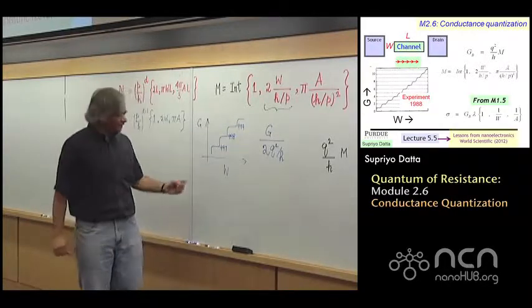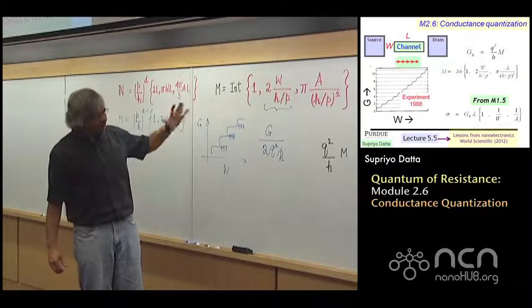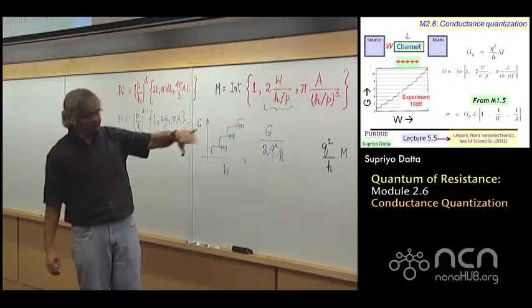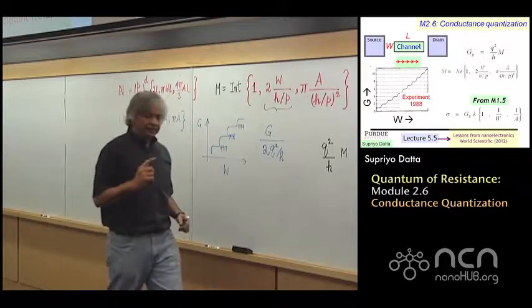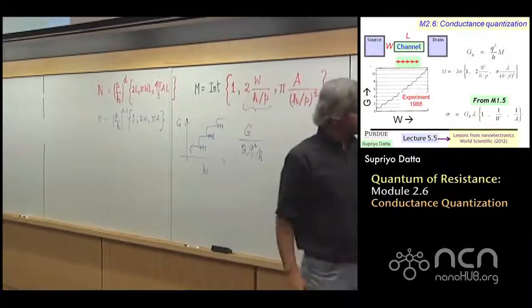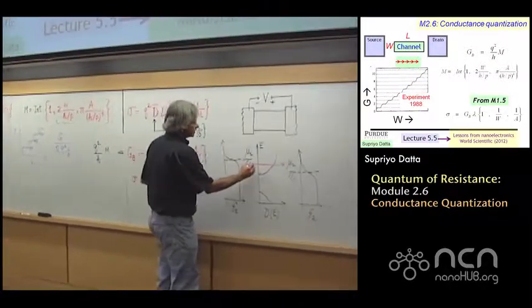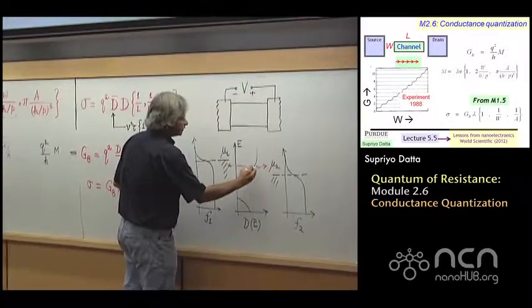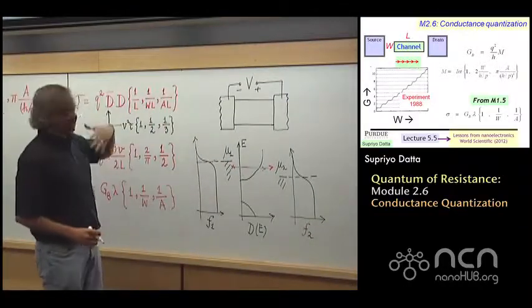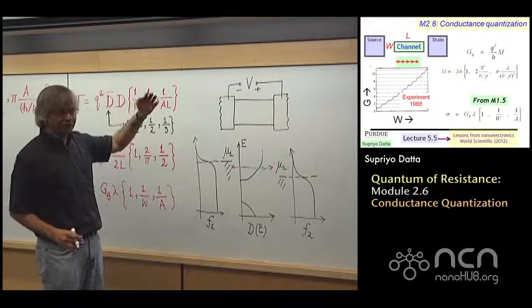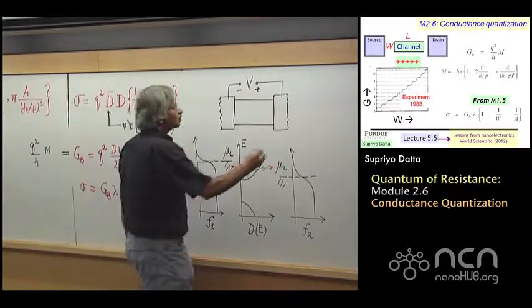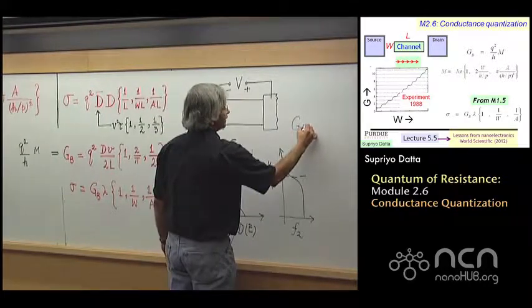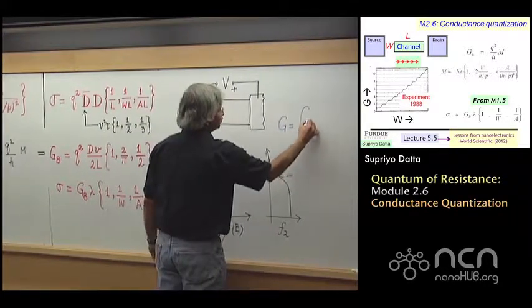And the answer is that, well, remember that the conductance we are calculating is at a given energy. So it is at this energy, let's say. And one of the points I had made earlier, something that I've usually, for clarity, not been writing explicitly, is the actual conductance is an average over energy.